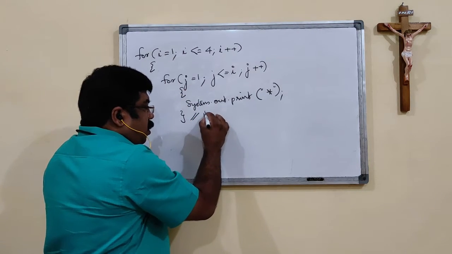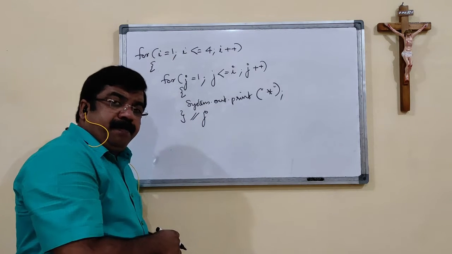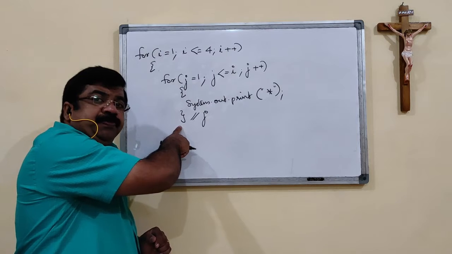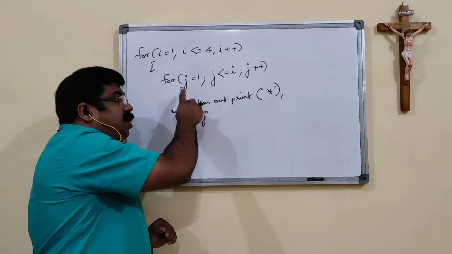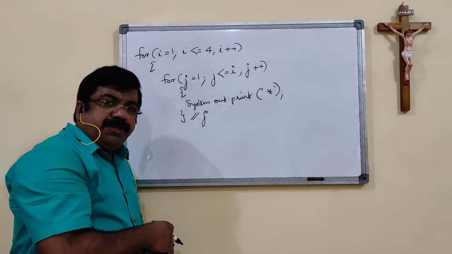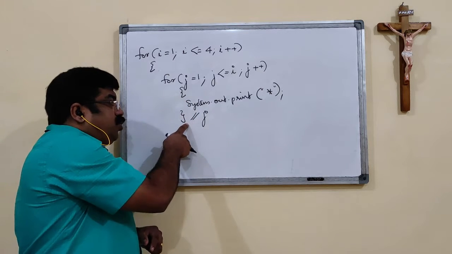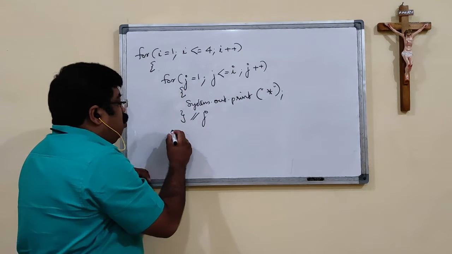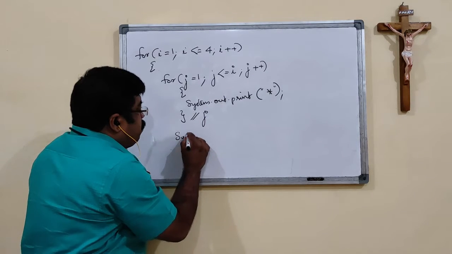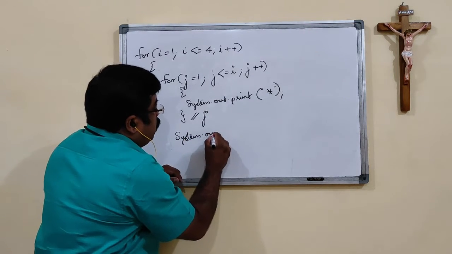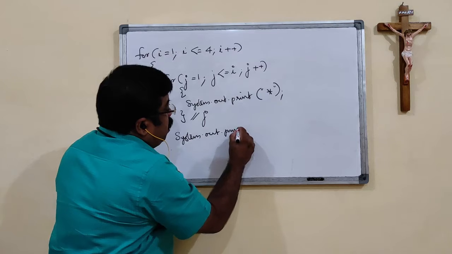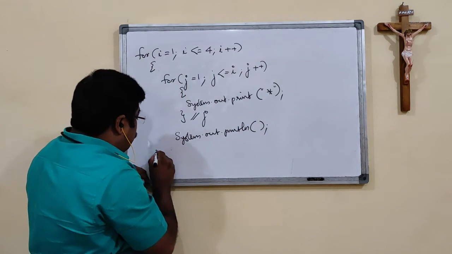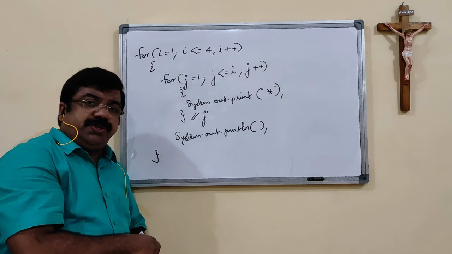You know that whenever a closing brace is put, it will always close the nearest opening brace. So this j loop is getting closed. And after the closing of the j loop, you have to give a statement System.out.println with a blank set of brackets and the closing brace.